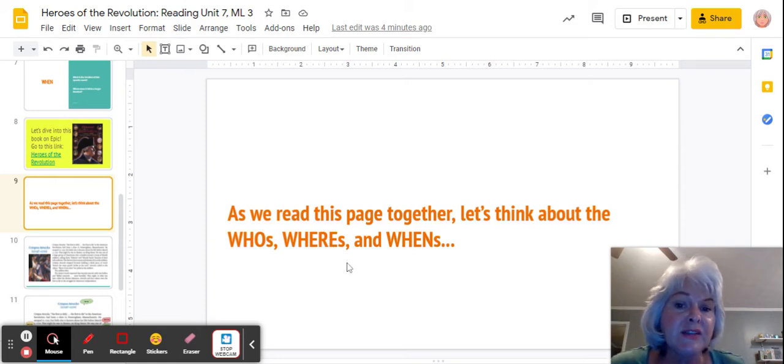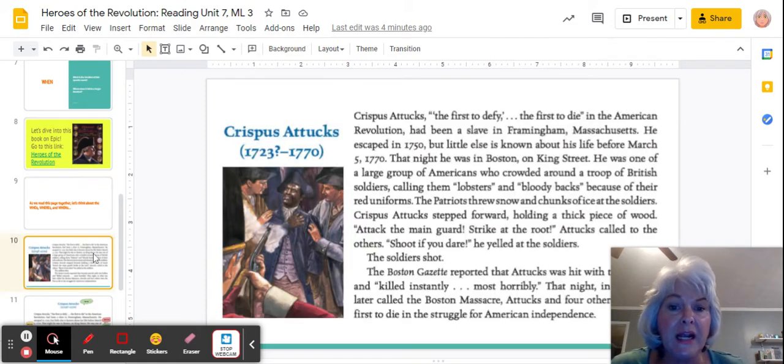So as we read together, let's think about the who's, the where's, and the when's. Crispus Attucks was the first to defy, the first to die in the American Revolution. He had been a slave in Framingham, Massachusetts. He escaped in 1750, but little else is known about his life before March 5th, 1770. That night, he was in Boston on King Street. He was one of a large group of Americans who crowded around a troop of British soldiers, calling them lobsters and bloodybacks because of their red uniforms.